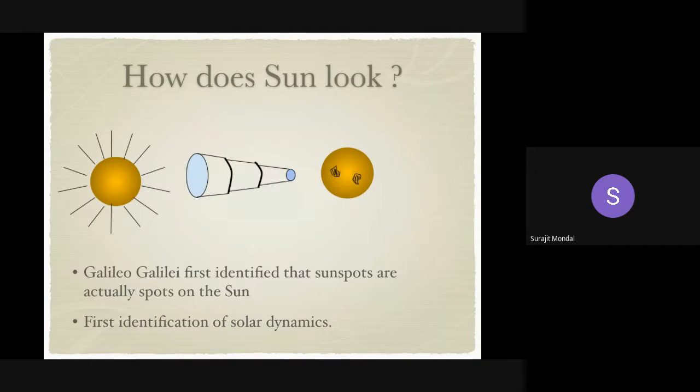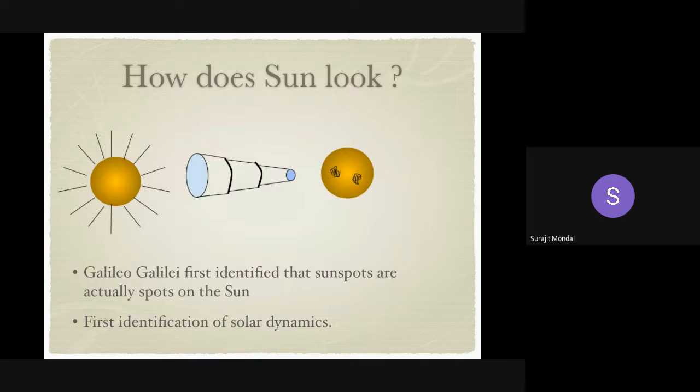What was found in the images taken by the telescopes of the sun was that there were these spots in the image. It was not immediately appreciated that these spots are actually spots on the sun until the discovery by Galileo Galilei.